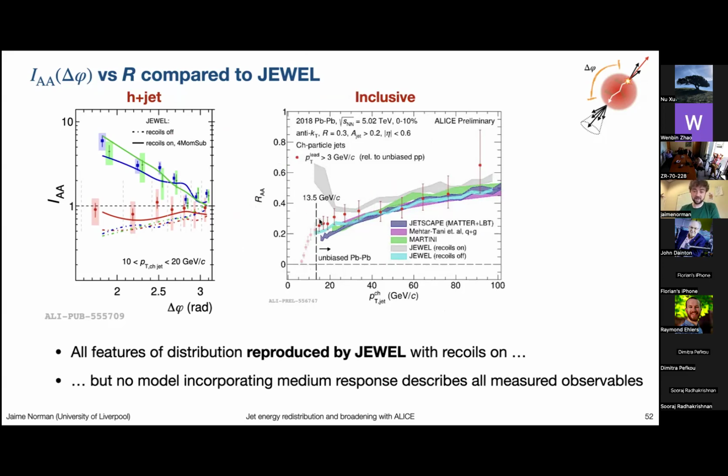We see in this overlapping region, 10 to 20 GeV, let's say, that JEWEL with recoils on gives this large jump at low pT, which isn't seen in the data. So models can be really helpful to aid interpretation, but there's still no model that describes all measured observables. This is still a challenge.